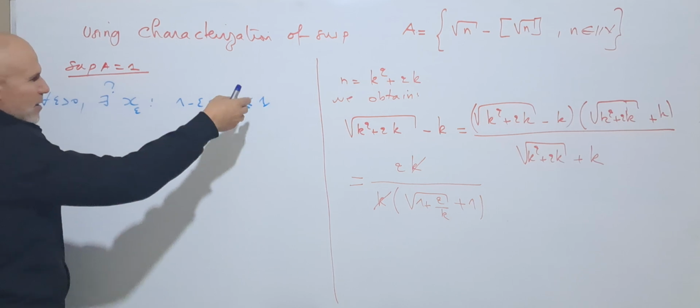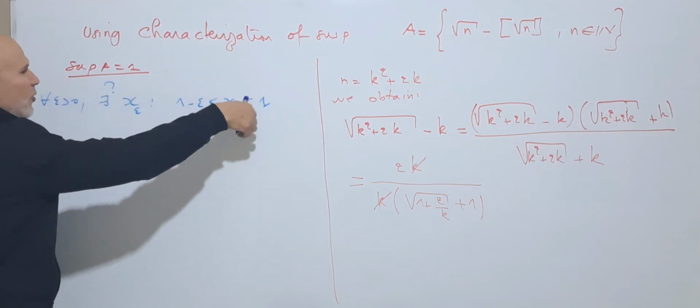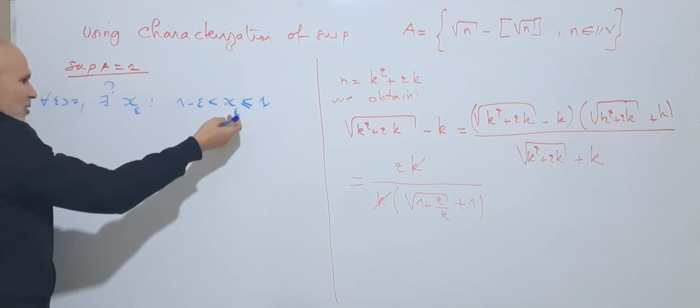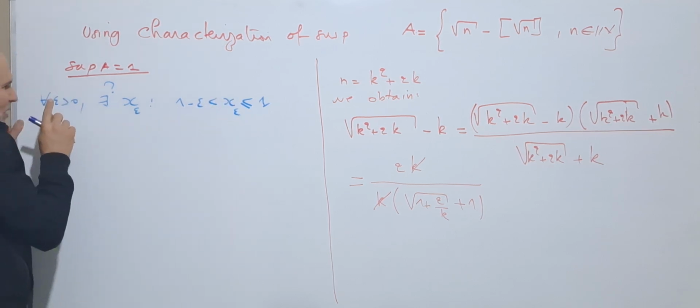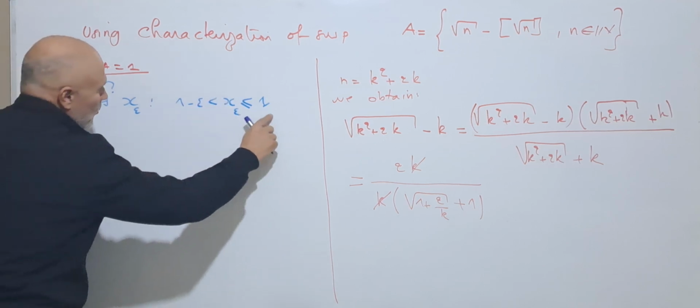Since we take the same form and we proved previously that this holds for any given x epsilon, if x epsilon belongs to I, this is true.